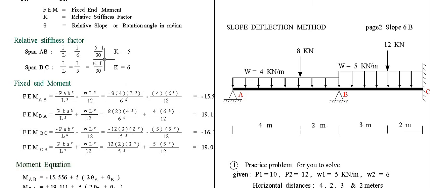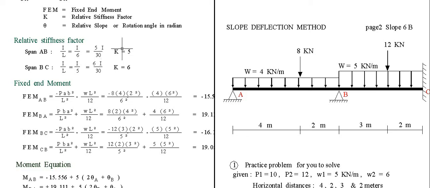Then get the least common denominator, or select a number that can be divided by 6 and by 5. So I choose 30, because 30 divided by 5 is 6, times I is 6I. 30 divided by 6 is 5, times I is 5I.